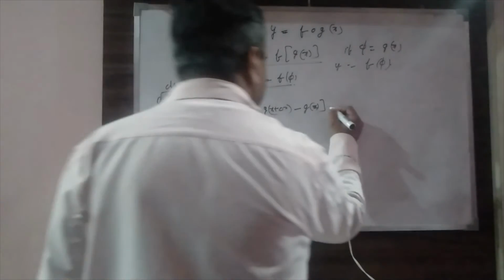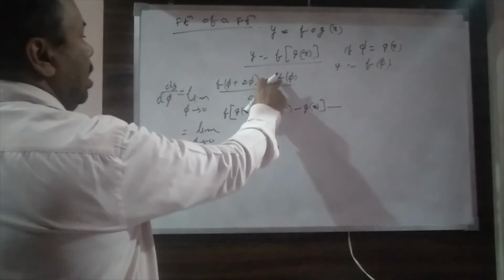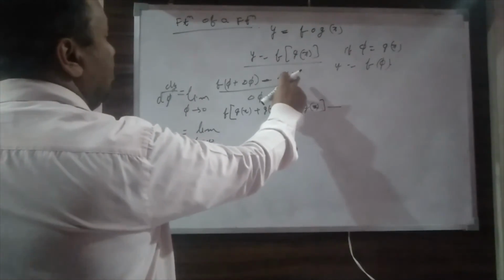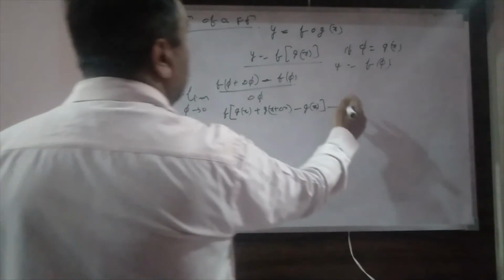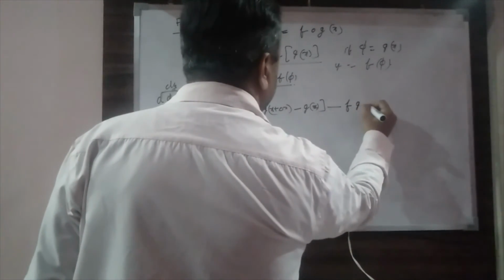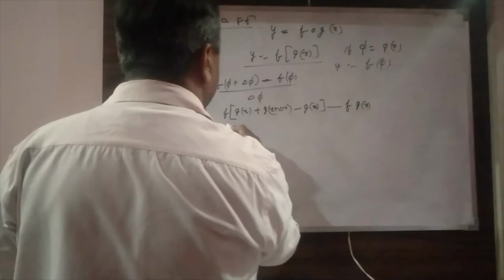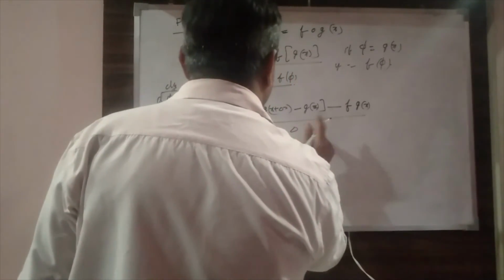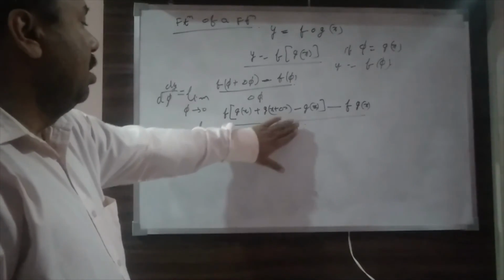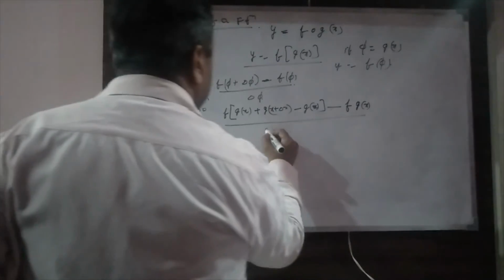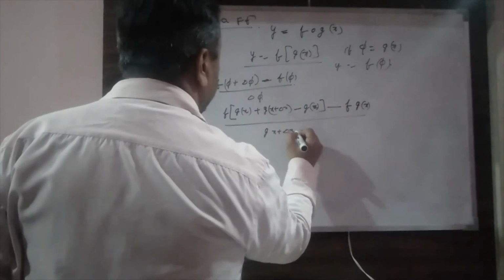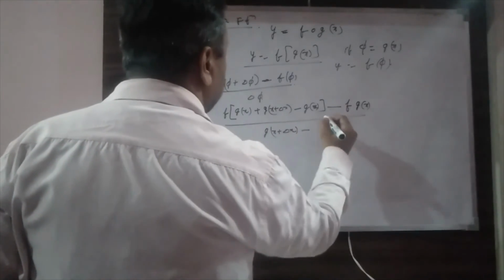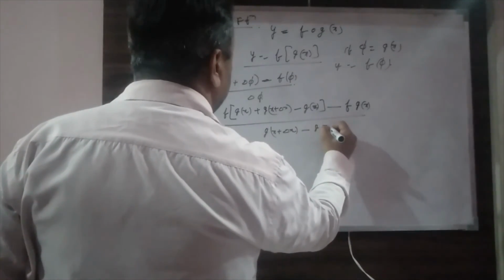Minus what I'm getting is f phi. F phi is what? So it is f gx divided by delta phi. Again, for delta phi, what I will write is g x plus delta x minus gx.